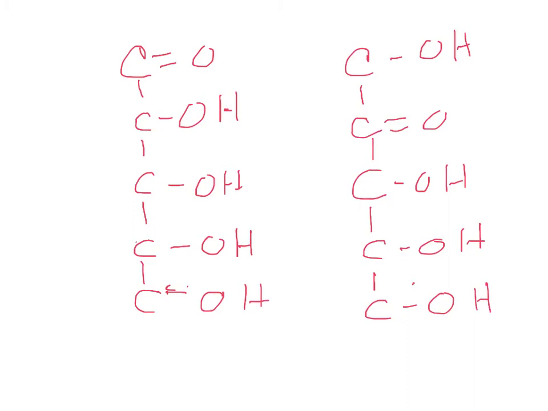One was called ribose, and the other was called deoxyribose. We did not look at their structure at the time, but they were pentoses. And ribose has an OH on every carbon.